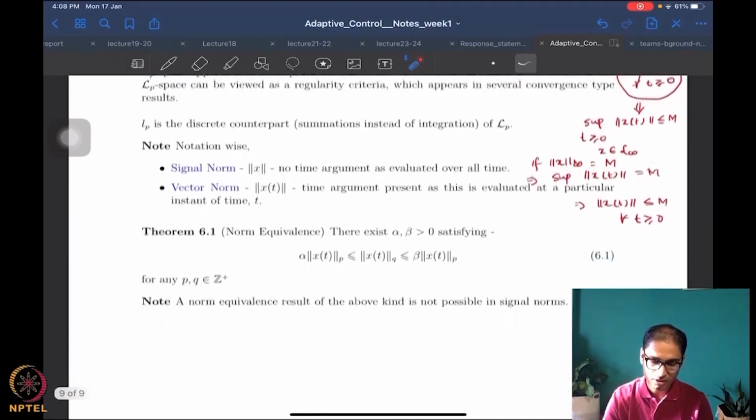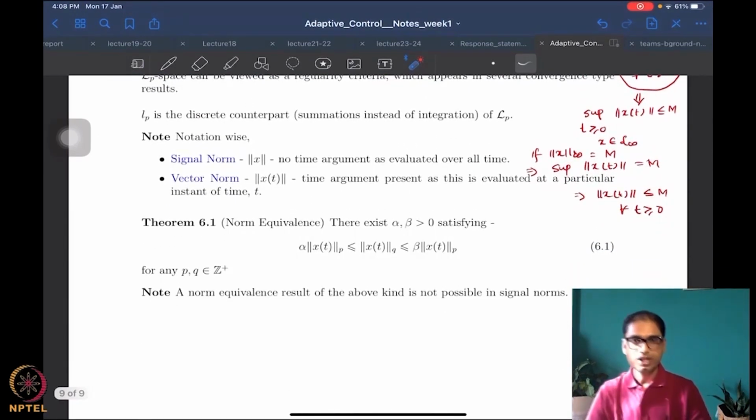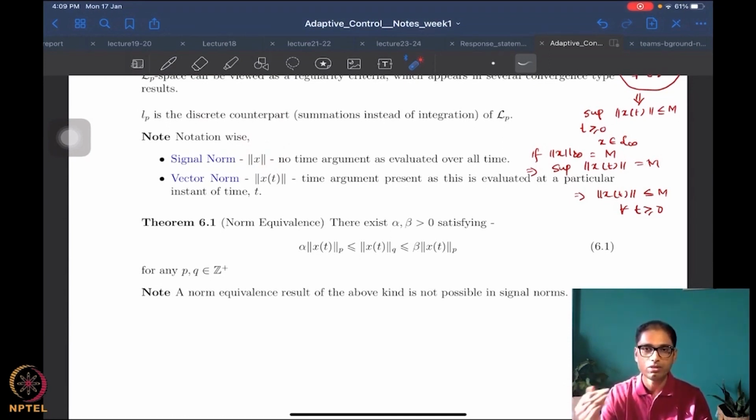These are equivalent notions. So as far as notation is concerned, the signal norm never has a time argument, like you saw, because the time argument gets neutralized by either integration or by taking the supremum. While the vector norm always has the time argument, so please be very, very careful even in the writing process.